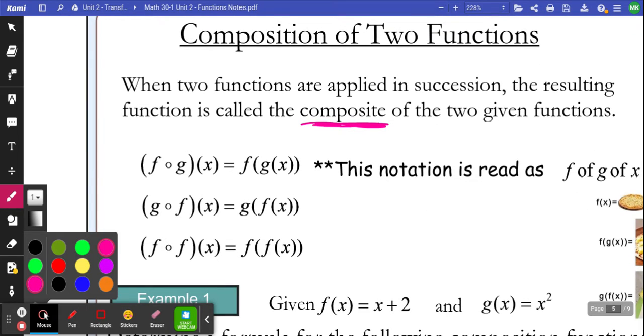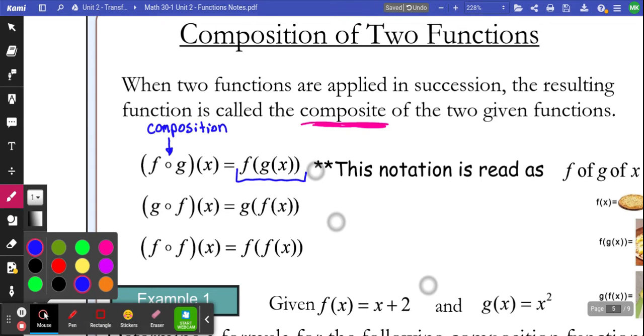So there's different types of notations. You could write it like this with an open dot. That means composition. So it would be f with g of x inside of it. So it looks like this.